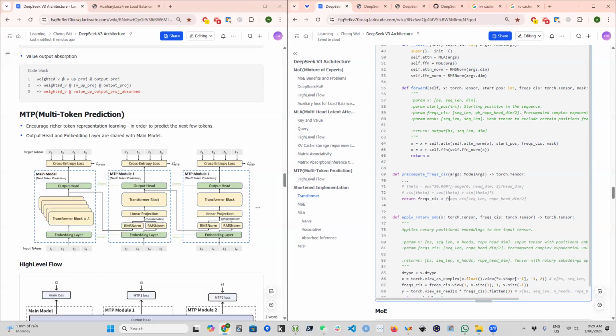During training time we have the main model losses and those multi-token prediction losses. They are similar to the main model's; they are all cross entropy losses, just shifted by one position, right?